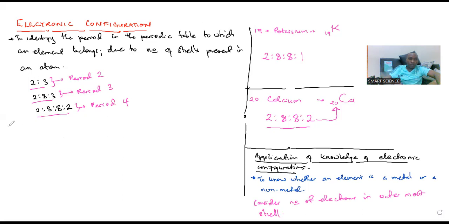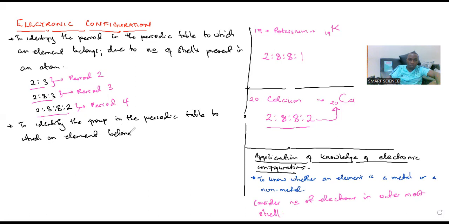Another point is to identify the group in the periodic table to which an element belongs, depending on the number of electrons in the outermost shell.